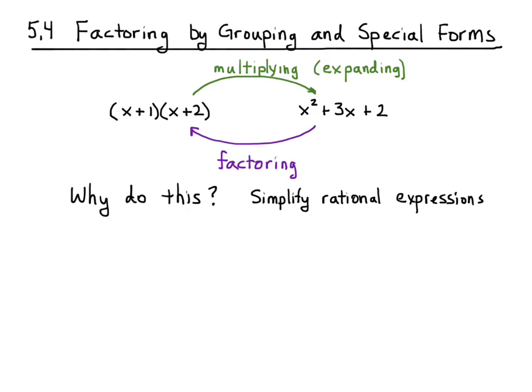The other thing that it helps us do is that if we have the ratio of two polynomials, we can't directly cancel terms individually, but we can cancel factors. Just like if we have 3 plus 2 over 2, you can't really just cancel out the 2's, right?